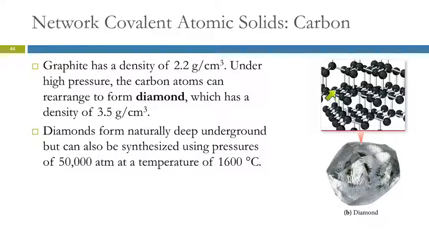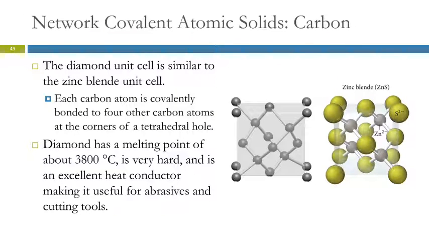In the diamond now, we have the carbon atoms covalently bonded in 3 dimensions instead of 2 dimensions. So each carbon atom, let's look at one of these in the middle, like this one. This carbon atom is covalently bonded to 4 other carbon atoms.